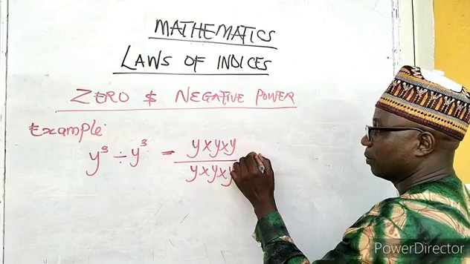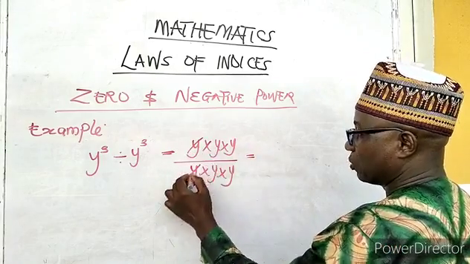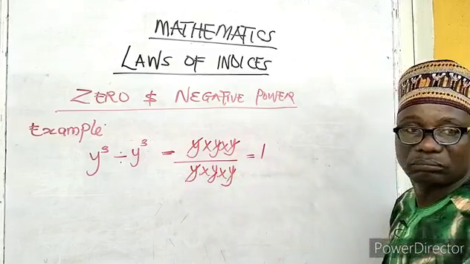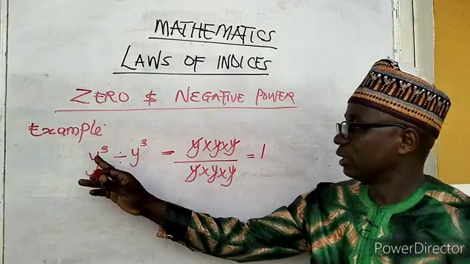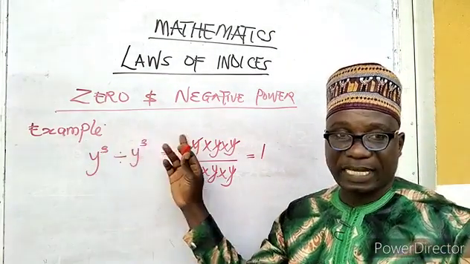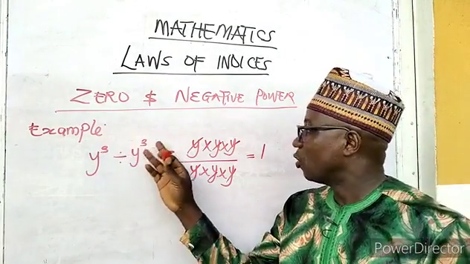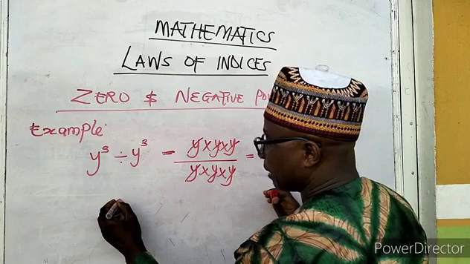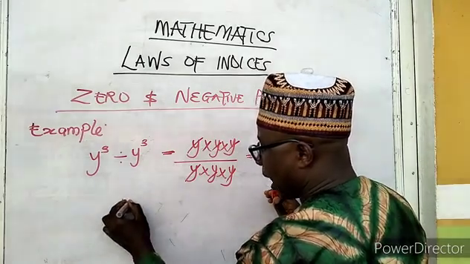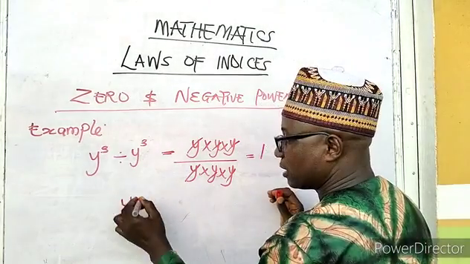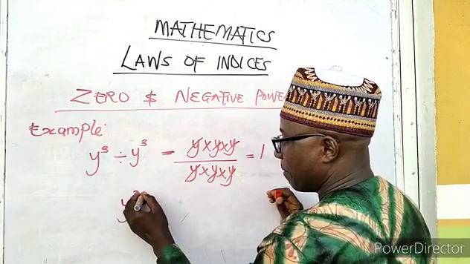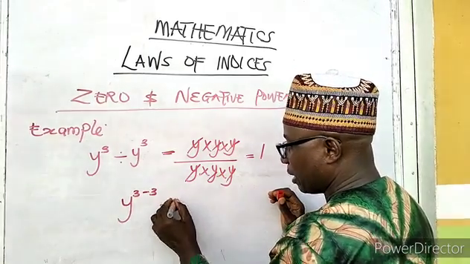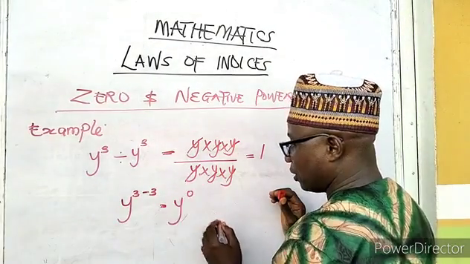Now y cancels this. What do you have? You have 1. When their powers are the same and I divide, the answer is 1. At the same time, using the law of indices, 3 minus 3, so what is that? y raised to the power of 0.